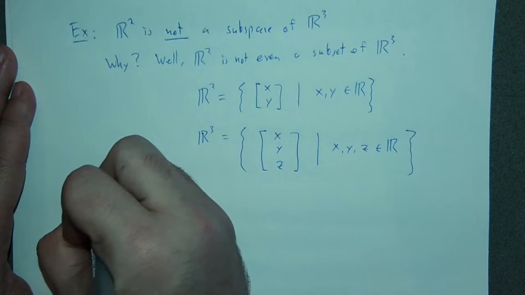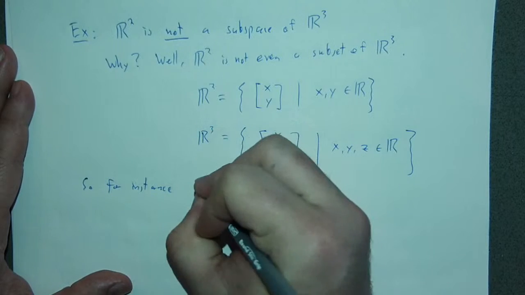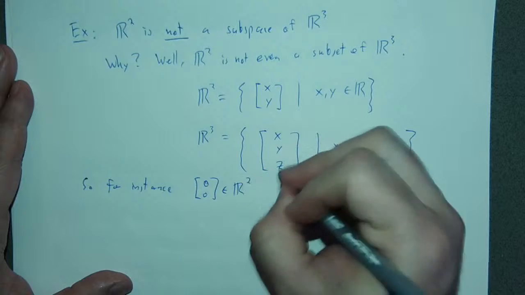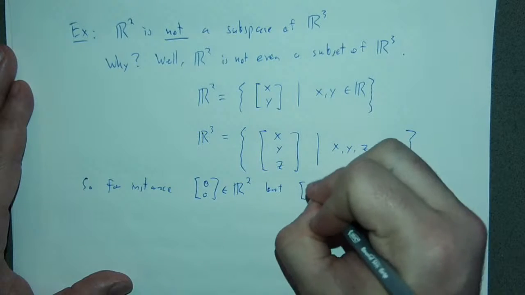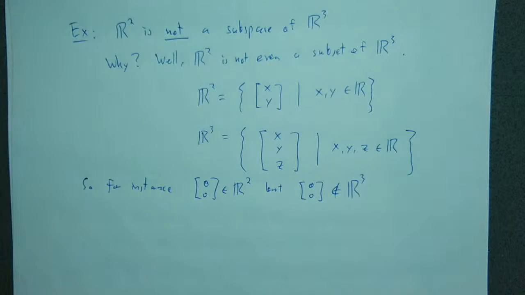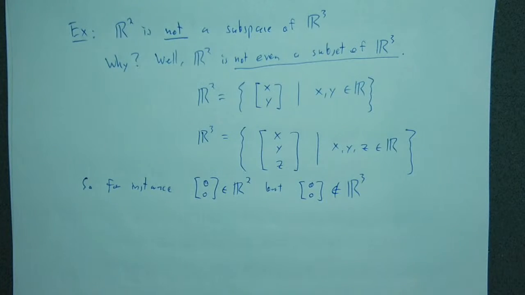So, for instance, (0, 0) is in R2, but (0, 0) is not in R3, right? So R2 is not a subset of R3. So it's not even a subset of R3.